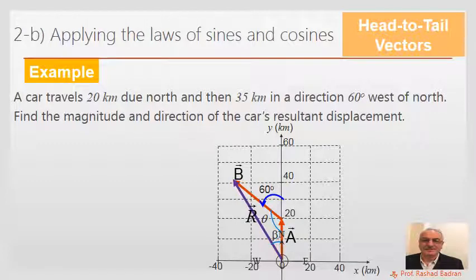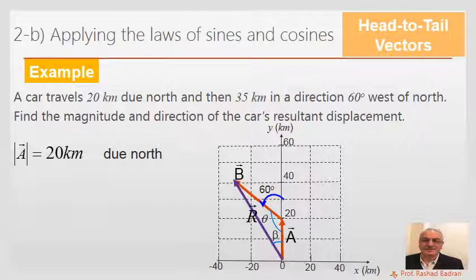First of all, to draw the head-to-tail vectors, let's start with the vector A, which has a magnitude of 20 kilometers, and then draw this vector due north. Next, we'll follow this vector by another vector of 35 kilometers with the direction 60 degrees west of north.